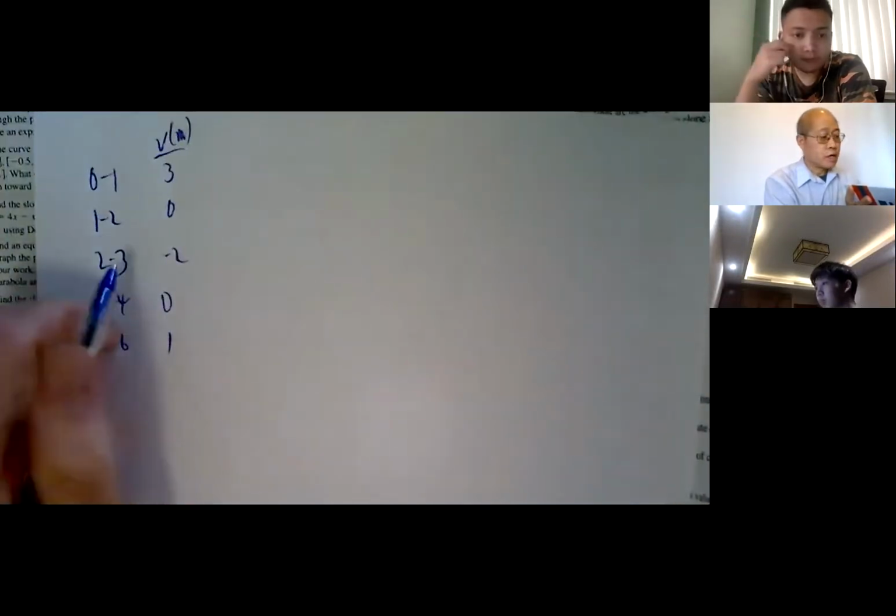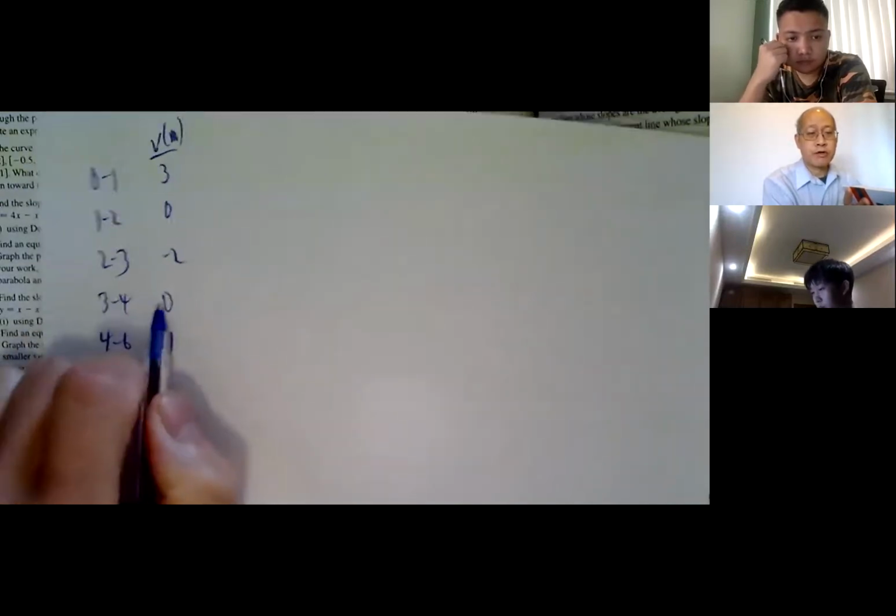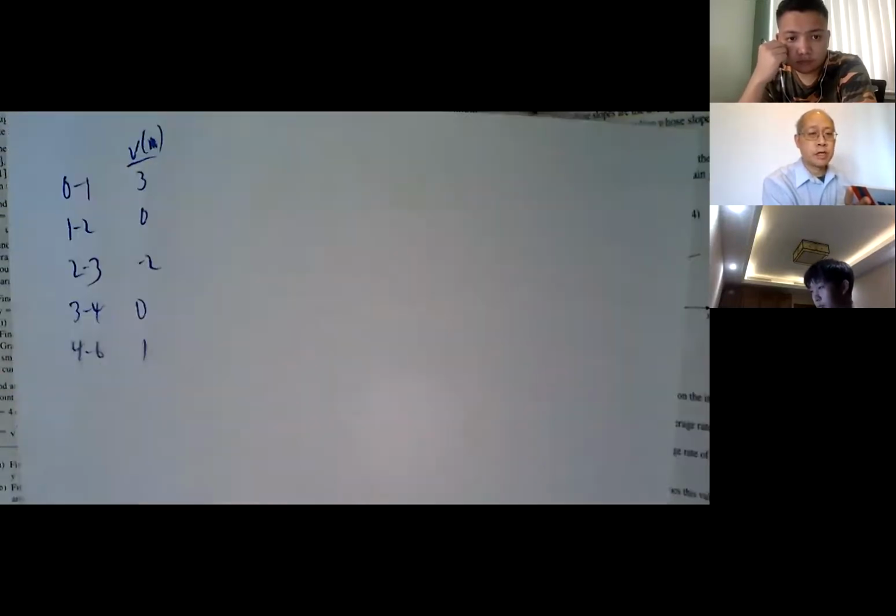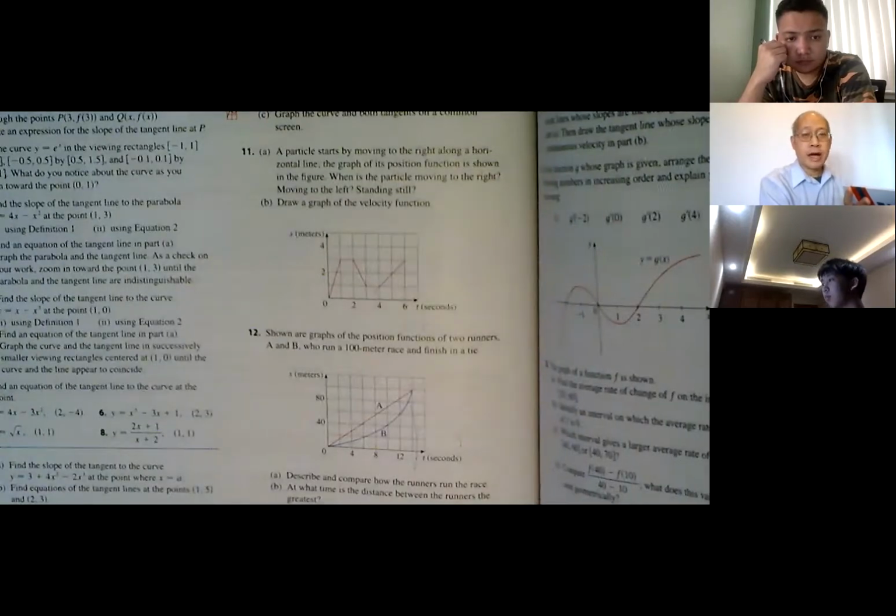So let me see if I can show you these at the same time. No, I don't think I can. This is what I have for the velocity. Between 0 and 1, slope is 3. Between 1 and 2, 0. Between 2 and 3, negative 2. Between 3 and 4, 0. Between 4 and 6 is 1. Okay, and that matches what I have here.